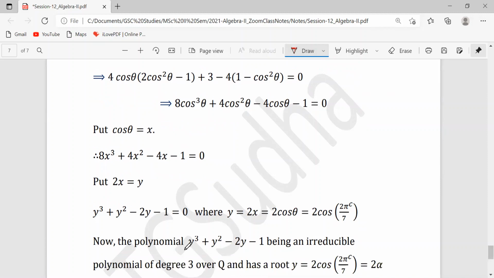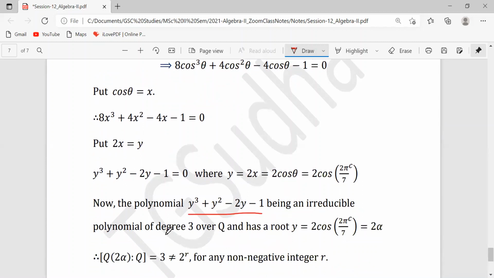This polynomial y cube plus y square minus 2y minus 1 is irreducible over Q and it has degree equal to 3. Let us adjoin this y to Q so that we can argue that the septagon is not constructible. So y is equal to 2 cos 2 pi by 7.